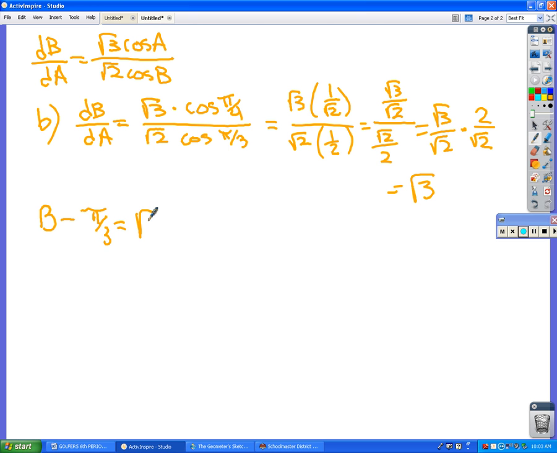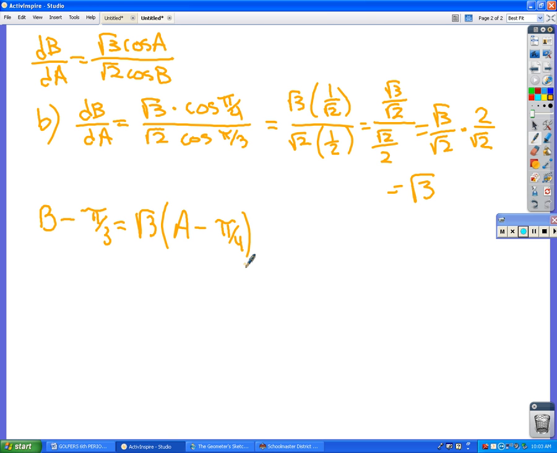So b minus pi over 3 equals the slope, which we just figured out is square root of 3 times x, which is a, minus the x coordinate, or the a coordinate, which is pi over 4.